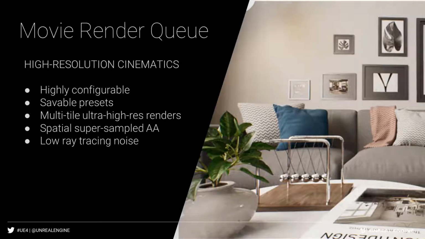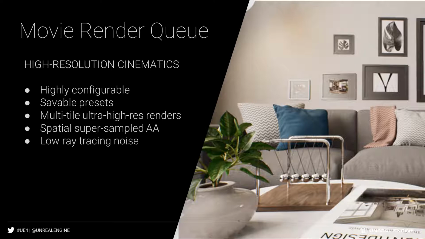Your second option for creating high-quality outputs is going to be the new high-quality media export tool. So inside of Unreal, we have our sequencer tool, which allows us to set up camera animations and so forth. And the new high-quality media export tool allows us to take those animations and render them at a very high resolution using ray traced quality.